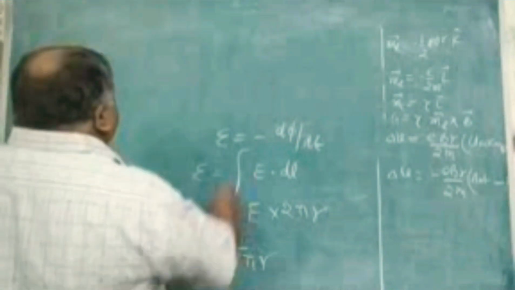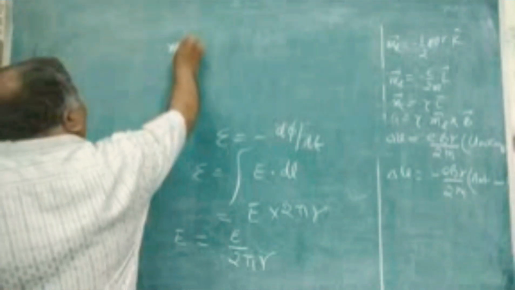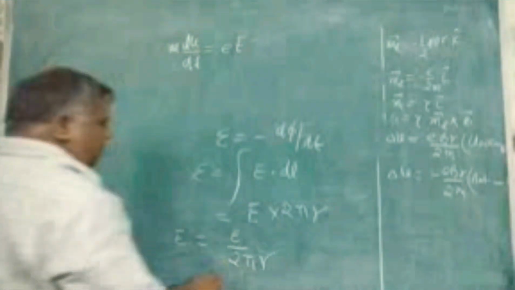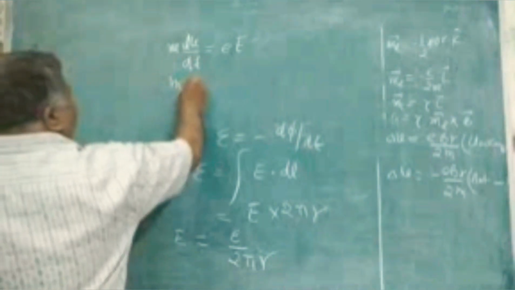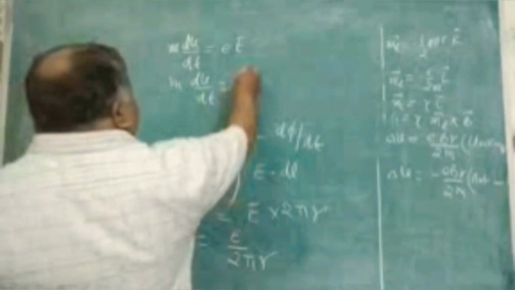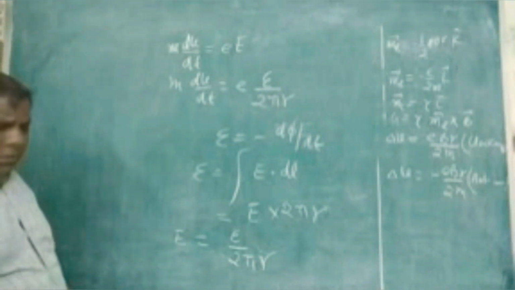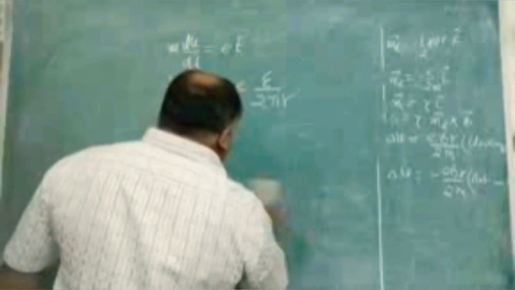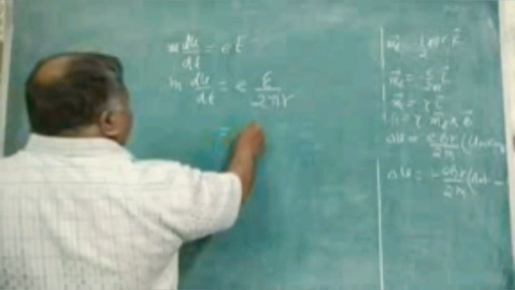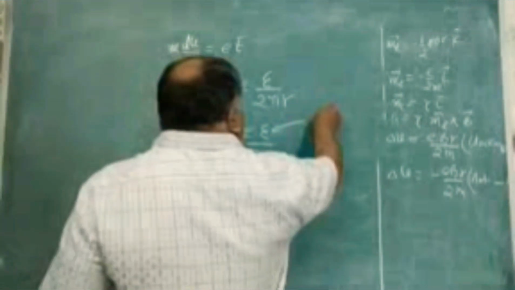Now equation of motion of moving charge, that is electron, is m dv over dt is equal to E. So m dv over dt is equal to E, and we have this relation. Let's change it to d phi over dt.